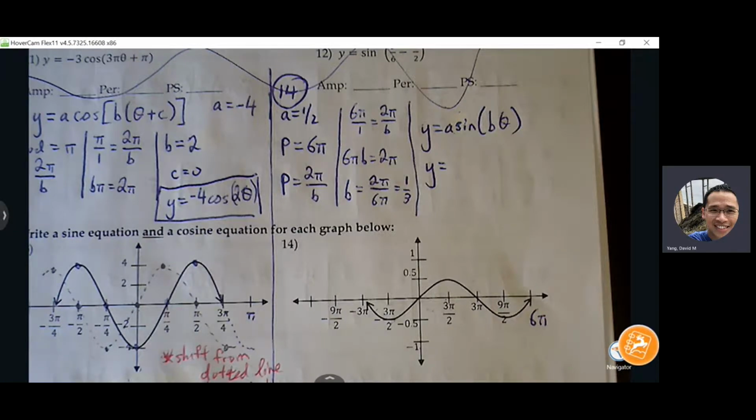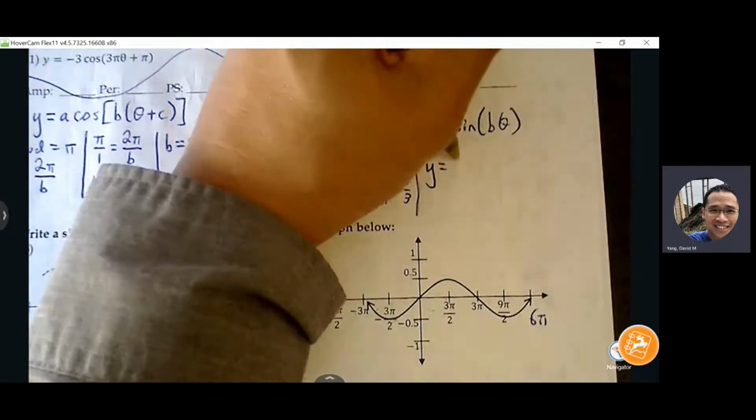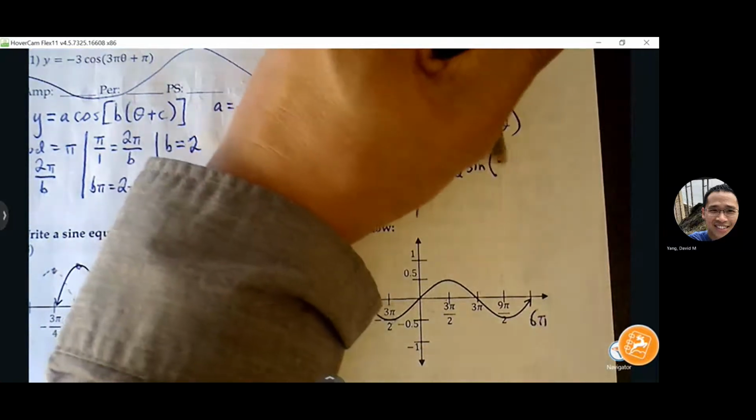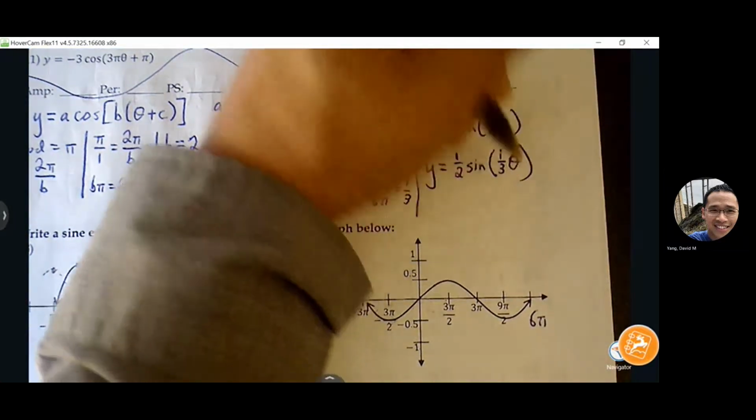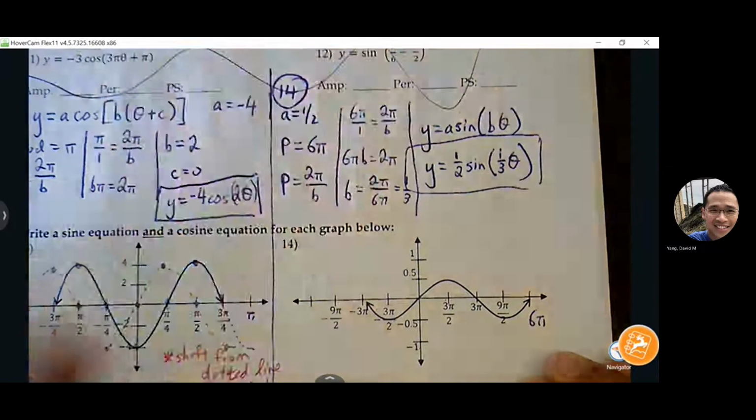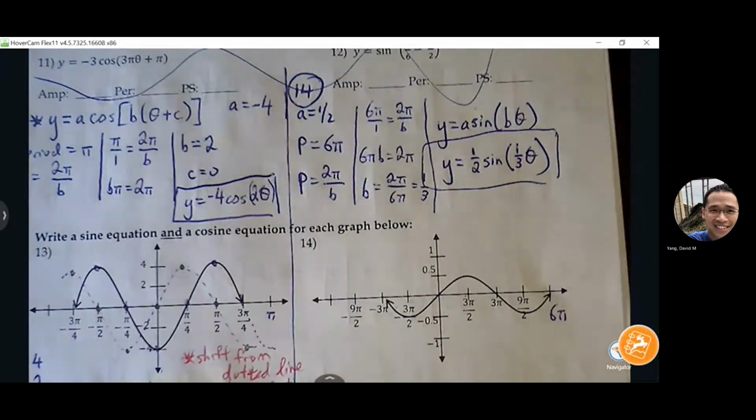The center is right at 0. So no reflection, right? So 1/2. Yep, you can do theta over 3 as well. Perfect. Any questions with that? That's the easier one, right? That's the graph that we see in front of us.